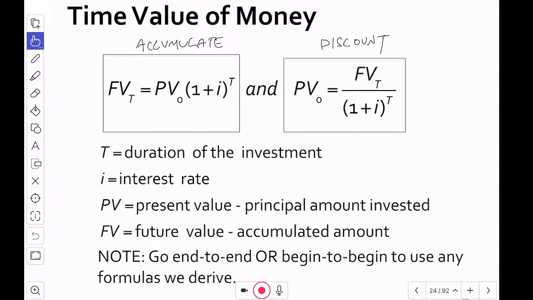So if we're looking here, we have this accumulation function. I call this the accumulation factor. And here, this part is the discount factor. Let me write it out here.